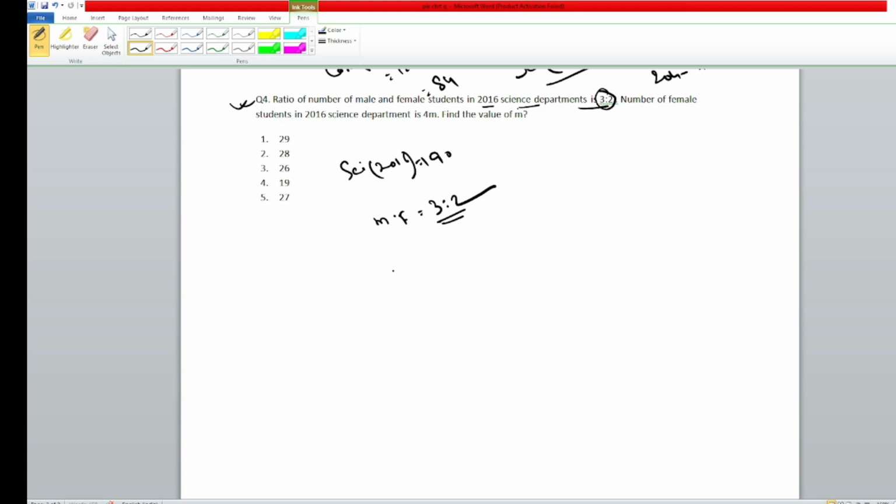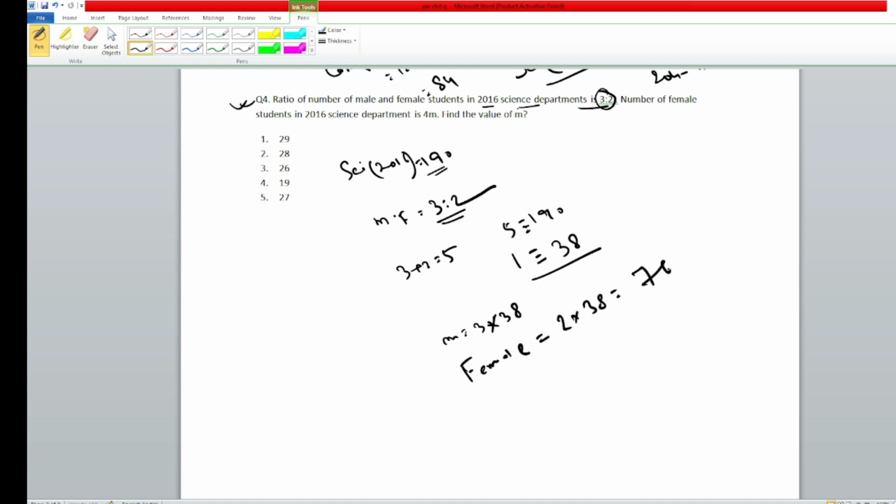From the basics of ratio, you know that 3 plus 2, the total of these two, gives 5, and 5 is equal to 190, so 1 is equal to 38. So the number of males is 3 into 38, and the number of females is 2 into 38, that is 76.